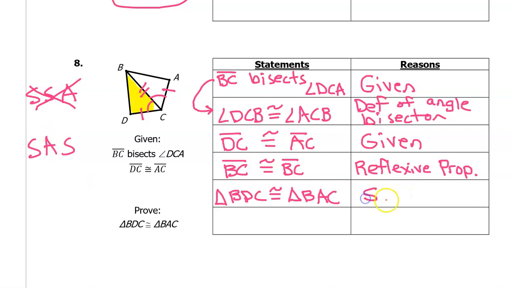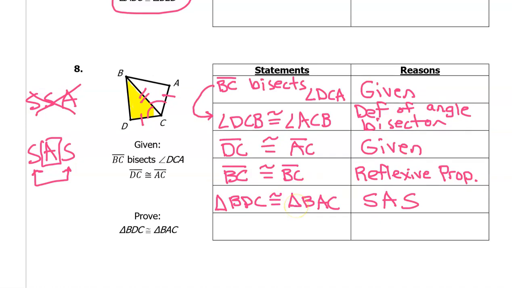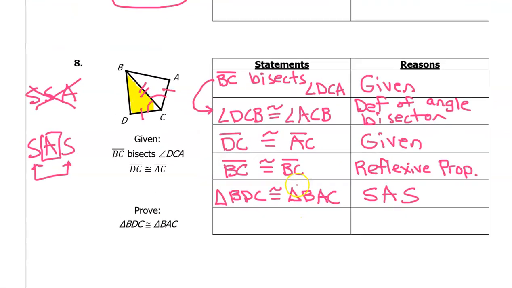So it's definitely going to end up being side, angle, side. But let's look back. Remember that side, angle, side happens when the angle is between the 2 sides. And notice that this angle is in fact between the 2 sides. So it does make sense. Oh, it looks like that was the last one.